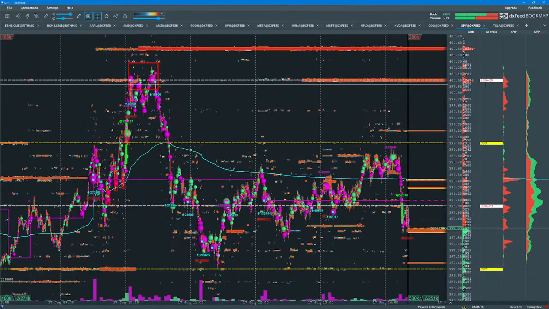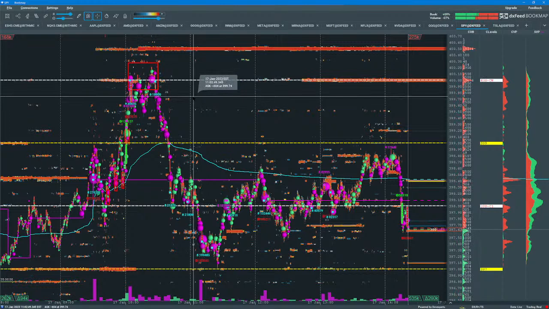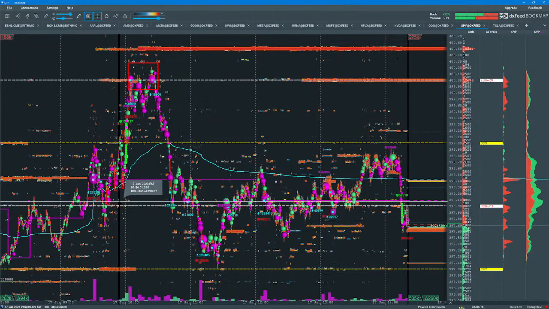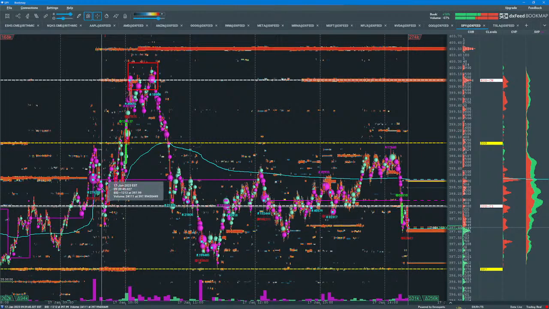So again, there's the 400 call wall, expecting that to act as a resistance, and it does. So my expected range for this move higher, reversal higher in the morning, was about 2 points.